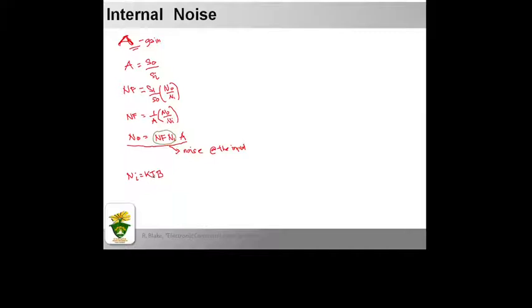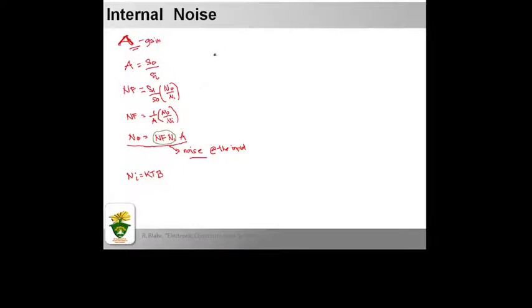Okay? So the equivalent input noise generated by the amplifier must be, so what is the equivalent noise generated by the amplifier when our noise at the input is equivalent to NF minus Ni?